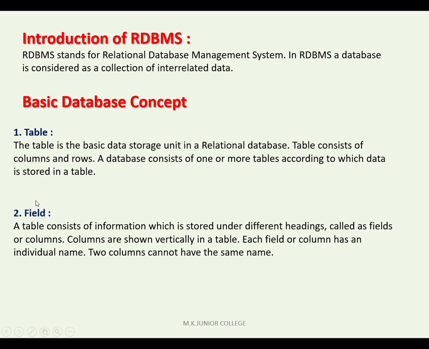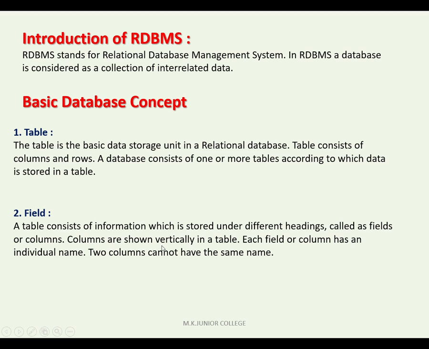Next is field. We are all aware of the field. What is a field? A table consists of information which is stored under different headings called fields. So the column you create inside the table, the name you write in it, the column heading, that is nothing but a field.